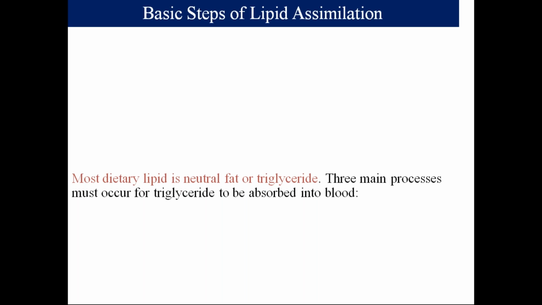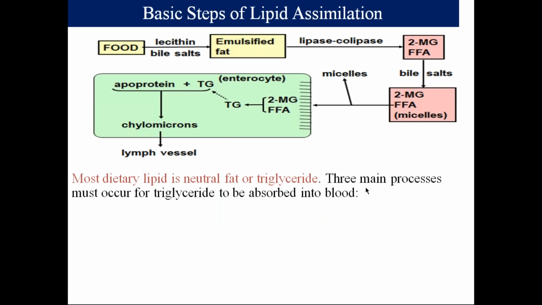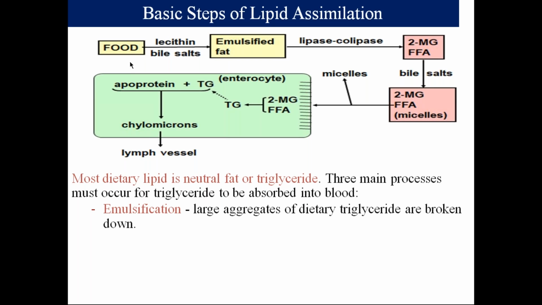Okay, so the basic steps in lipid assimilation. Most dietary lipid is neutral fat or triglyceride, and three main processes must occur for triglyceride to be absorbed into the blood. What are those processes? First step is that emulsification should occur. So the first step in the assimilation of lipids is that it has to be emulsified. And what is emulsification?